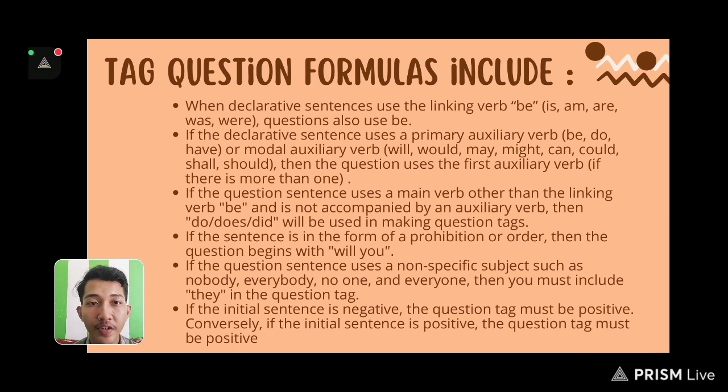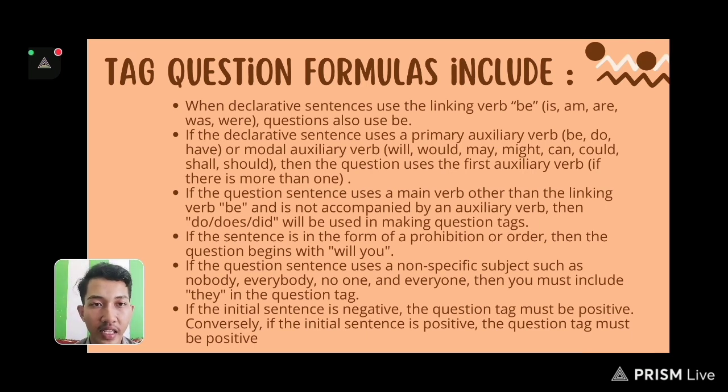Next, if the sentence uses a main verb other than the linking verb be and is not accompanied by an auxiliary verb, then do, does, did will be used in making the question tag.